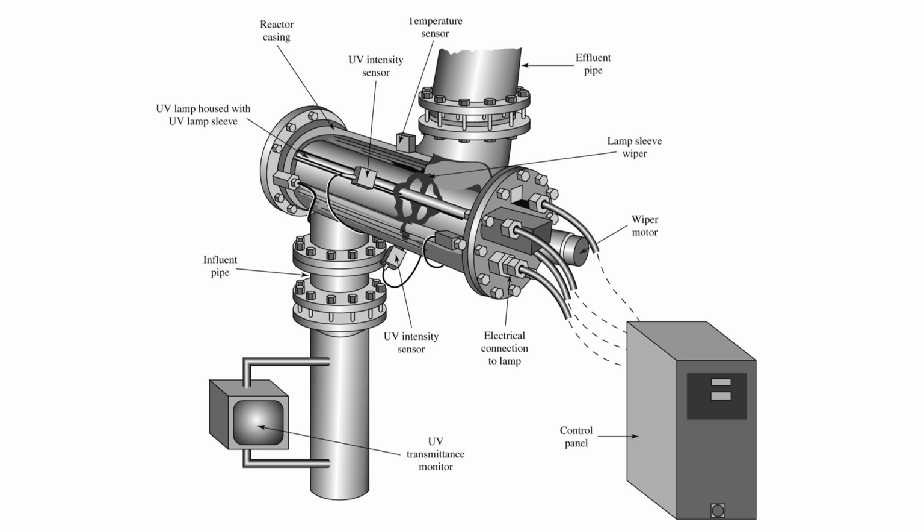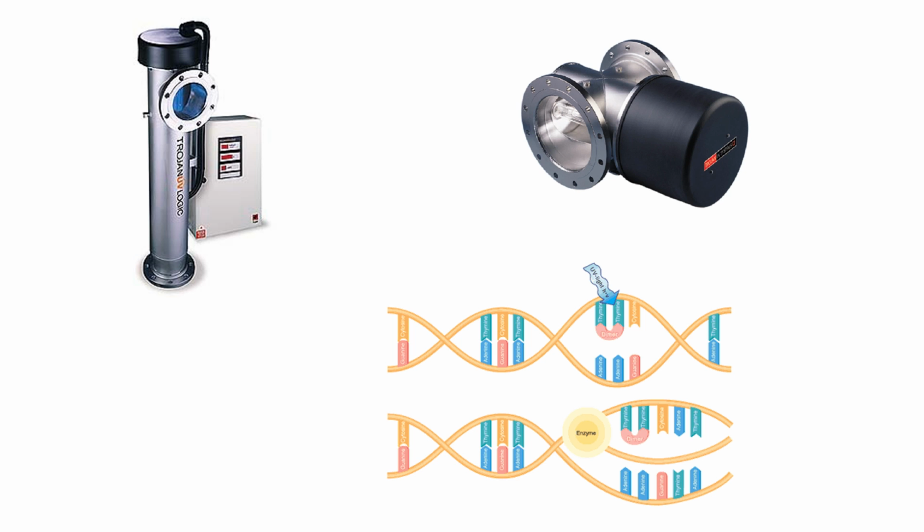The tricky thing is knowing the intensity of light that a particle is experiencing as it travels from the influent pipe to the effluent pipe, because a different particle may have a trajectory that goes really close to the lamp and gets lots of good exposure, and then just because of statistics, a small number of the particles that go through won't get very much intensity and will maybe pass through very quickly. So you have to do a lot of testing to find out the distribution of dose in a UV reactor.